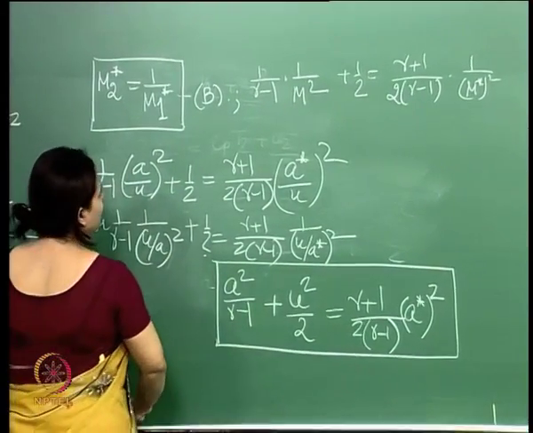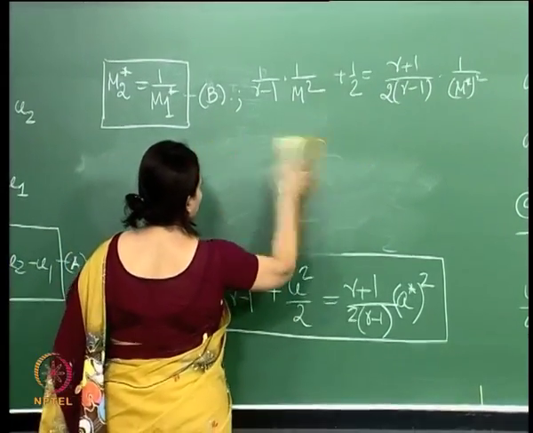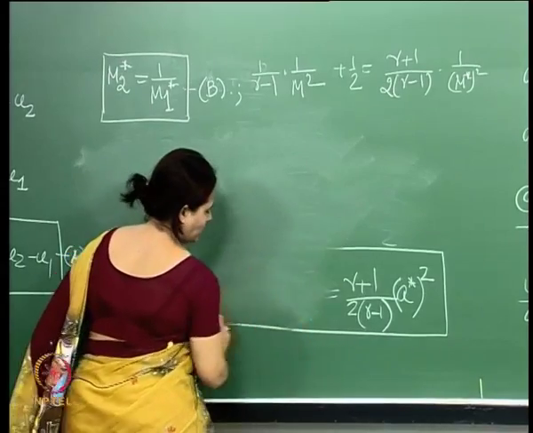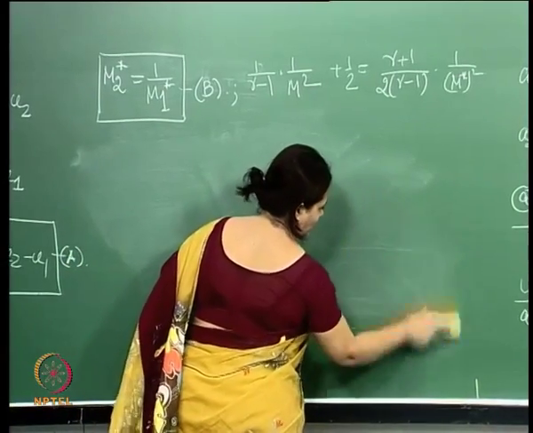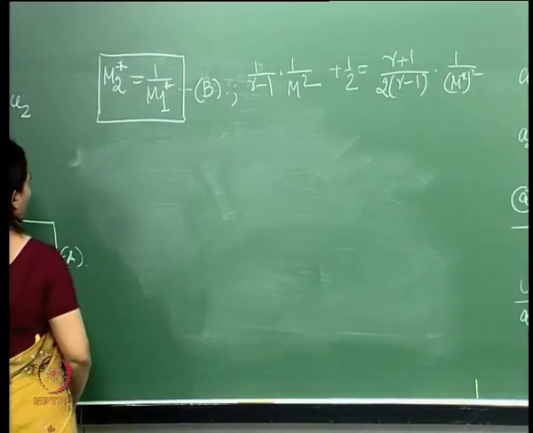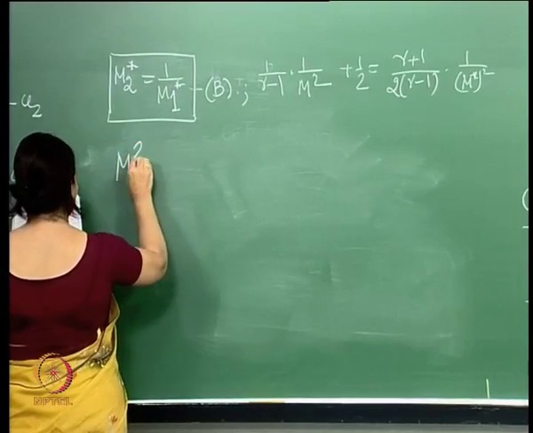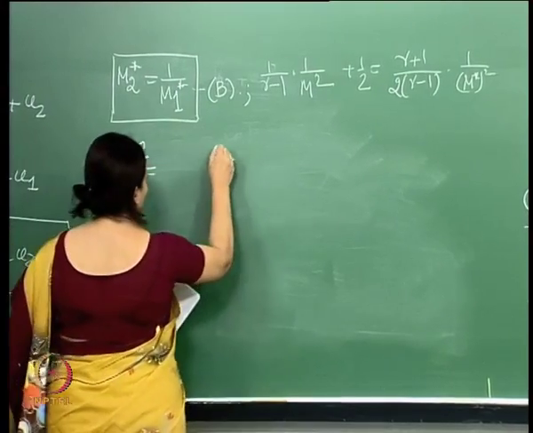from there I can write it in this form. So, M square is equal to.